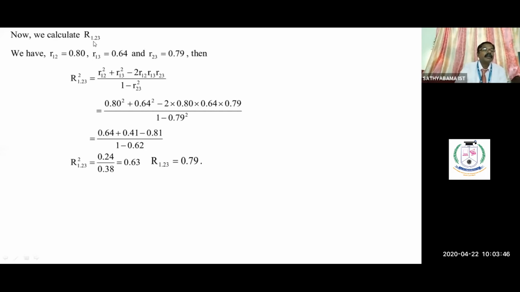Here we are asked to calculate R1.23, so we are calculating the square of this. Substituting all the values, we are getting R squared 1.23 equal to 0.63. Then R1.23 is nothing but the square root of this value, that is 0.69.